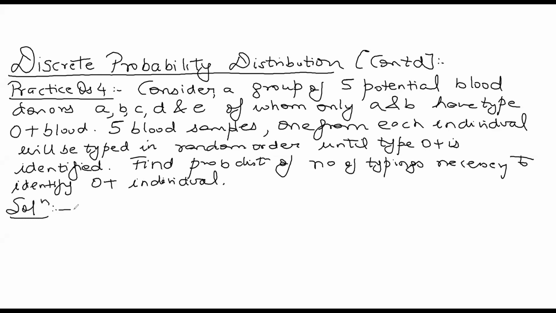So consider a group of 5 potential blood donors A, B, C, D and E, out of which only 2 of them, A and B, have the required O plus type. Find the probability distribution of the number of typings necessary to identify the O plus individual.